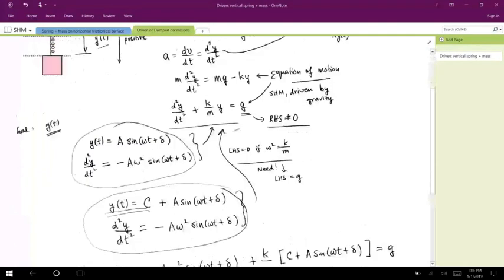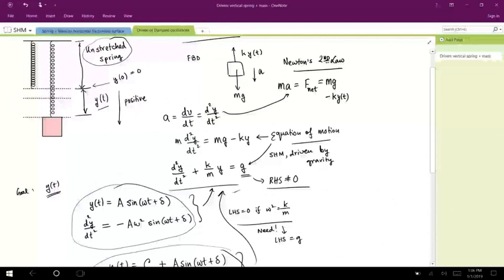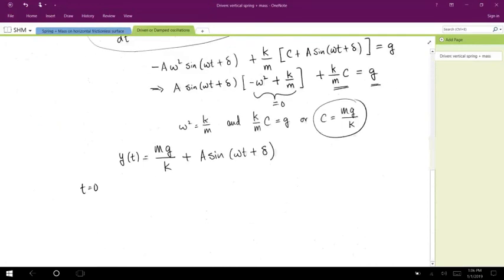Remember, y is always being measured from the level where the spring is unstretched. So at t equals 0, y of 0 is 0, which means we should have mg over k plus A sine, and since t is 0, omega times t is also 0. We get A sine delta, which means A sine delta is equal to negative mg over k.